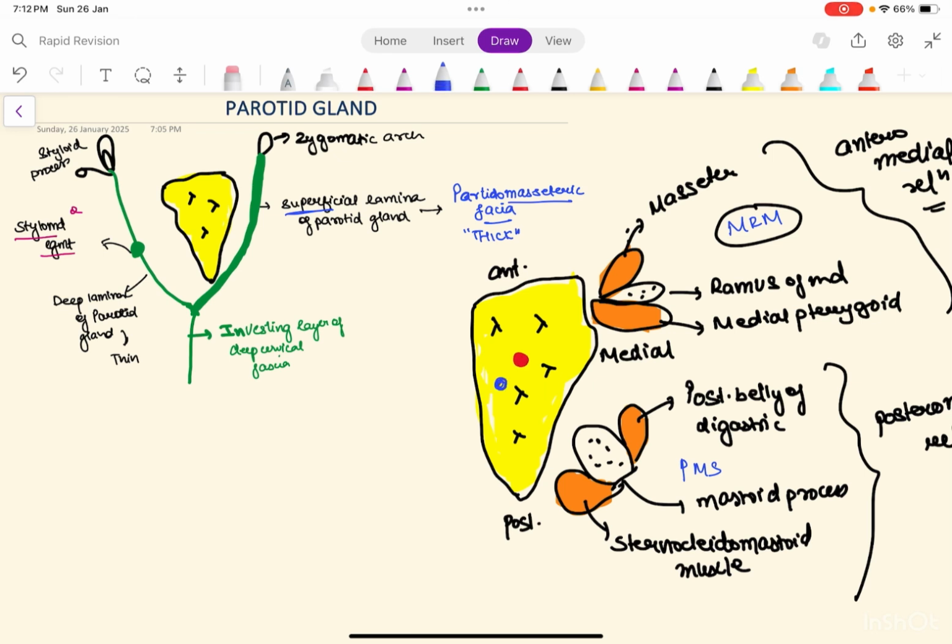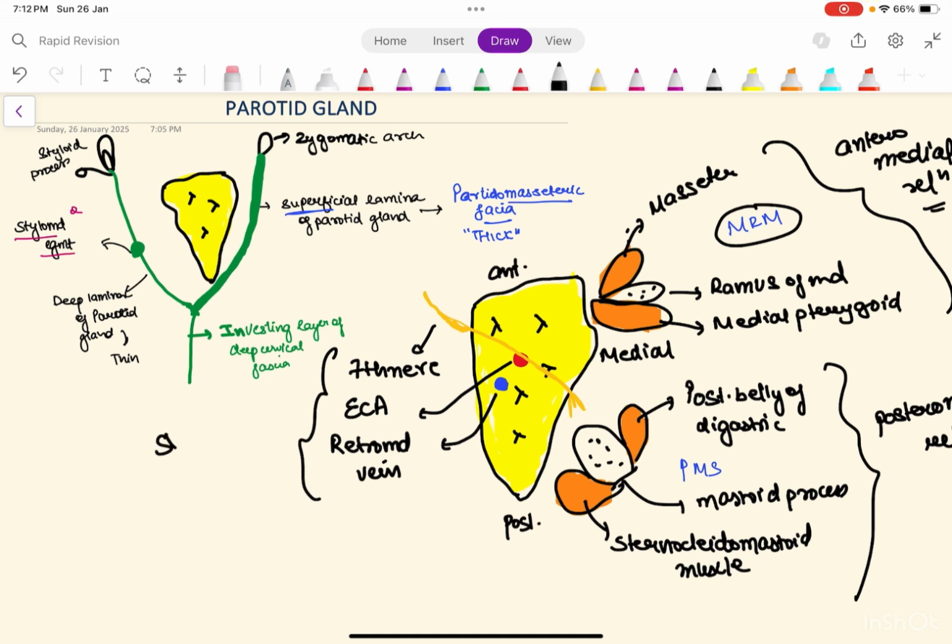Now one question is structures which traverse the parotid gland. So this is our seventh nerve. All right, this is external carotid artery, and this is retromandibular vein.